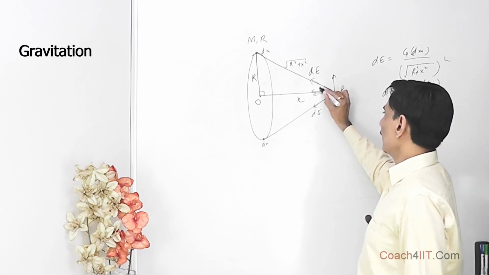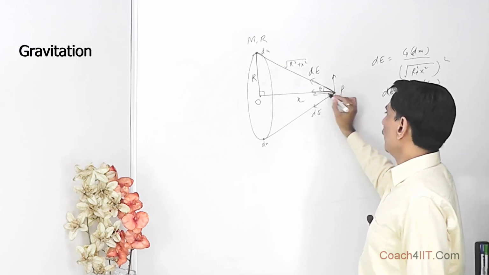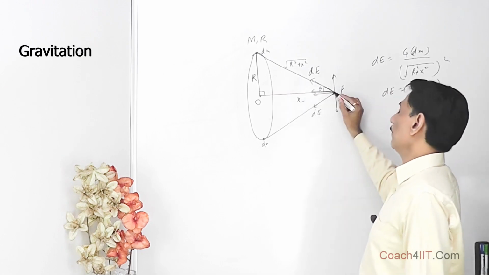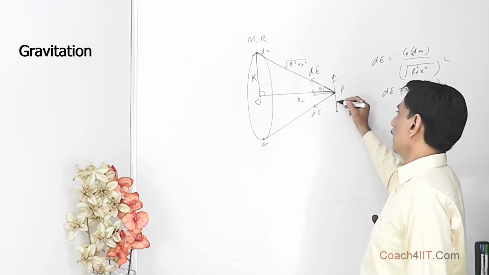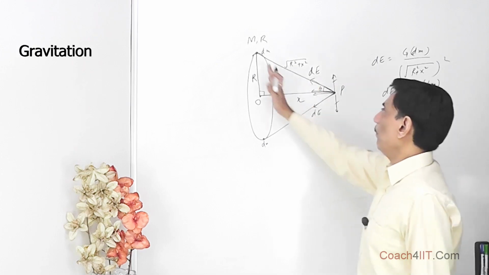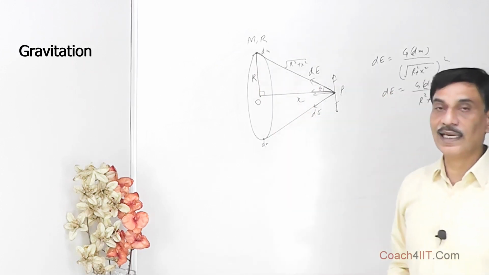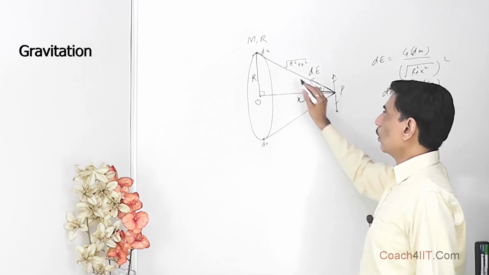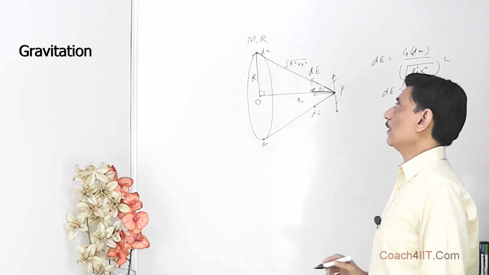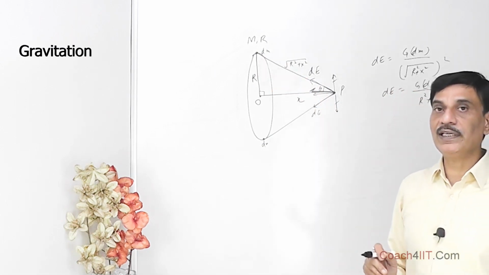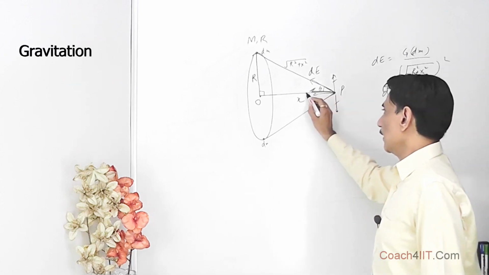If we take this angle as theta, the components along this central axis will get added up, and the components in a plane parallel to the plane of the ring will get cancelled.